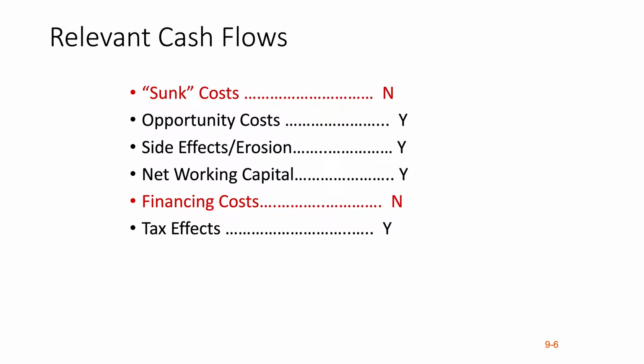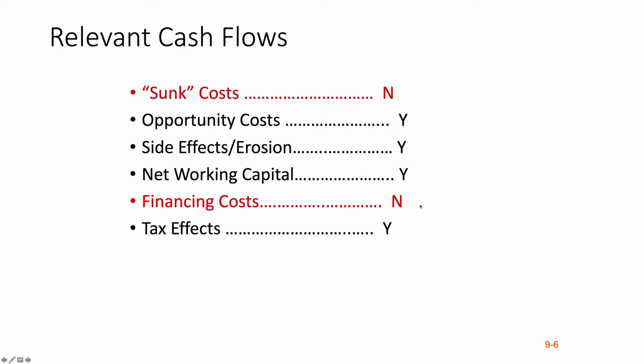So instead of looking at the interest payment, we adjust the discount rate of this project. That is the exceptional reason for not including the interest payment or any financing cost in your capital budgeting.